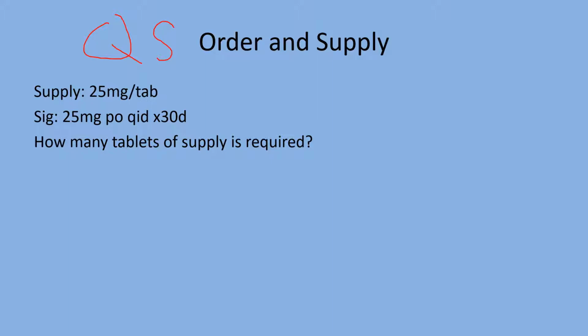All right, we're QSing now. We got to figure out how much to dispense for the required day's supply. So the first step is just order and supply. Once you get the order and supply, you're going to multiply by the number of doses per day and then multiply by the number of days. That's it. So for this one, it's just order over supply. 25 milligrams over 25 milligrams equals just one tab.